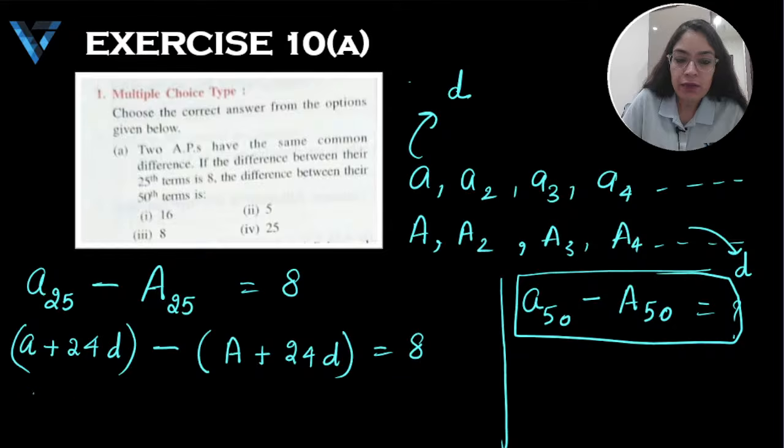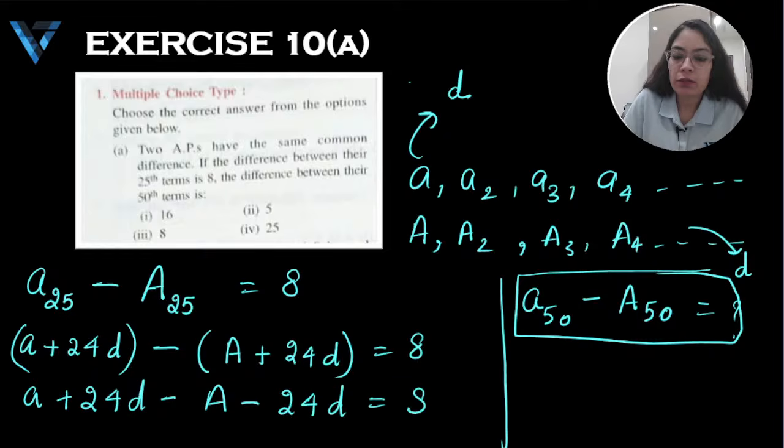So a plus 24d minus capital A plus 24d. Again this plus will be changed to minus because of the minus multiplication. Here also 24d, and this is equal to 8. So plus 24d and minus 24d will get cancelled.